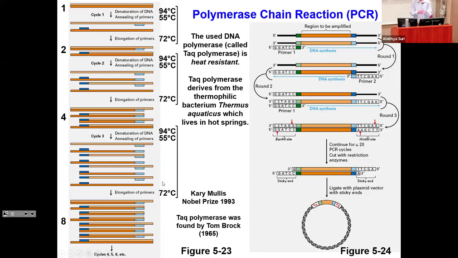To amplify DNA in this case, you use the technique called polymerase chain reaction. You may have heard of this during COVID, for example, when you went for testing. That involves the PCR reaction.